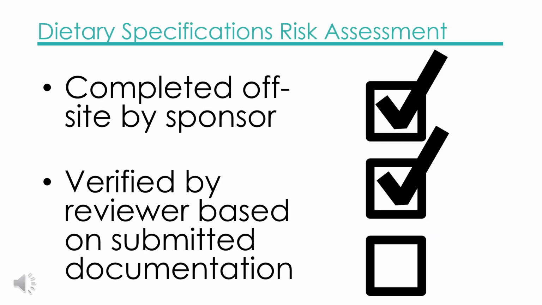We will use the Dietary Specification Risk Assessment tool to help review your operations. This is a series of questions you will be asked to complete. In the CNP portal, the dietary specification risk assessment is completed off-site by you. Your reviewer will work with you on which sections to complete.